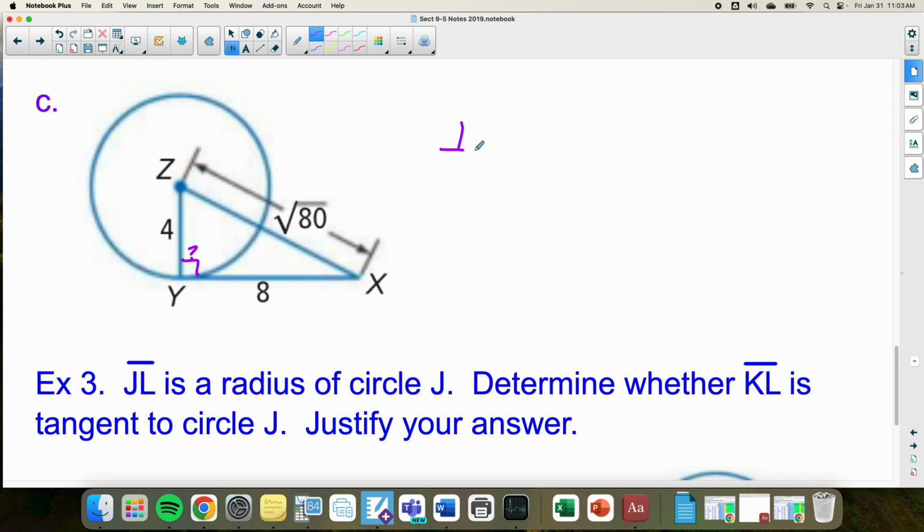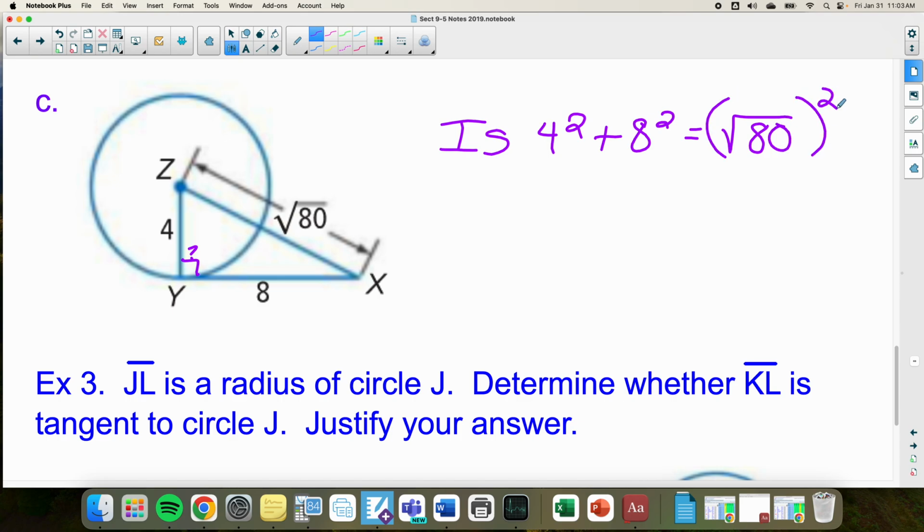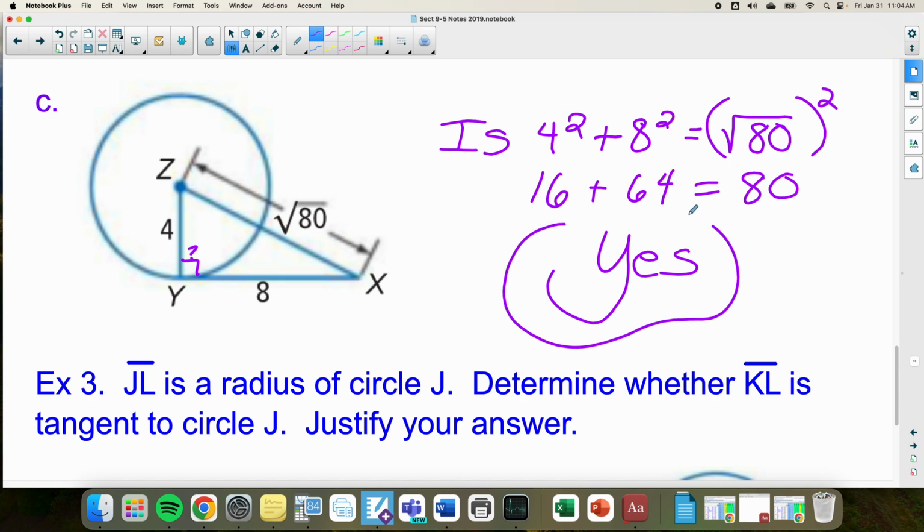So we're gonna say, is 4 squared plus 8 squared equal to the square root of 80 squared? Now 4 squared is 16, 8 squared is 64. What happens when you square a square root? They cancel. Is 16 plus 64 equal to 80? Yes. So that is tangent then. Okay?